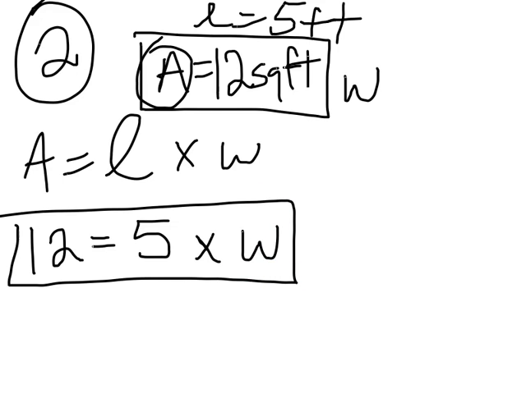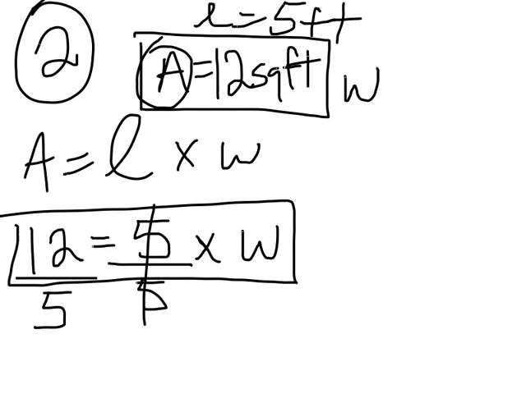So in order to do that, you just divide this by 5. So we're doing the opposite operation of multiplication, which is division. 5 over 5 cancels this out, which makes it 1. So we have W by itself now, but if we divide by 5 on this side, we need to then go on this side of our equation and divide by 5.